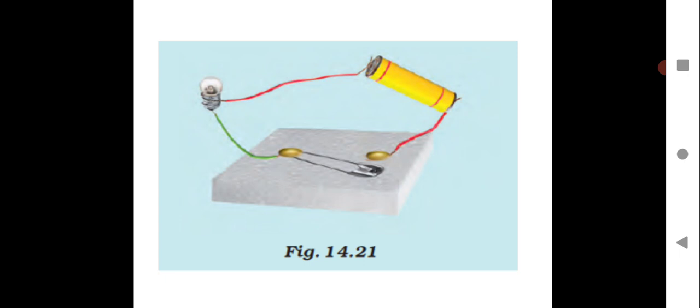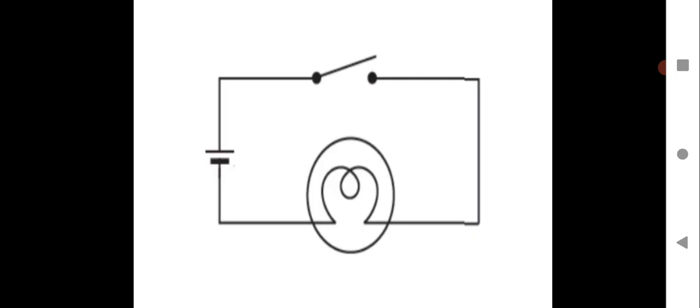When you connect, that will give you the on position, and when you open the circuit, that will give you the off position. So you just have to take this as the circuit shown, and draw it with the help of the components. So here is the circuit diagram with the key, bulb, and a cell. You have to draw this as the answer for that question.